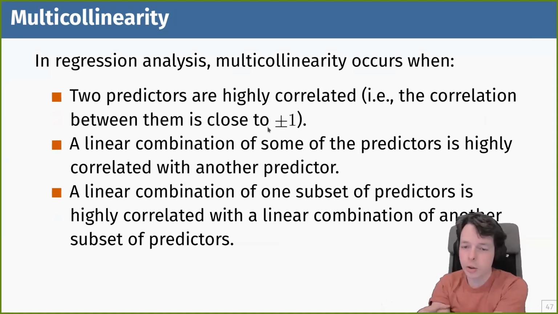Now, I talked a little bit about multicollinearity before and overfitting. Multicollinearity is when you have two or more regressors that are very similar. So if the correlation between the two predictor variables is almost 1, or -1 for that matter.